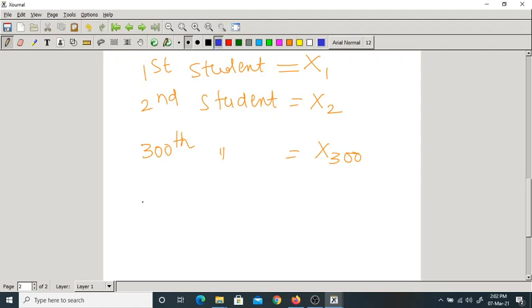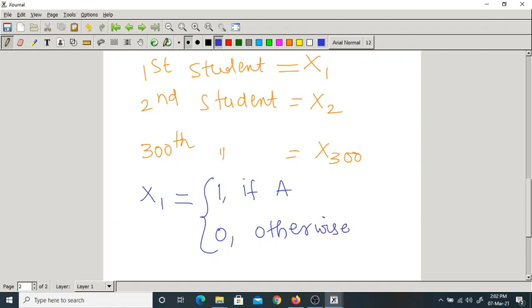Now let us take x1, which means I am talking about the first student of the class of 300. Since it is a random variable, you have to assign a real number. I will call it 1 if he gets A grade, 0 otherwise, which means if he doesn't get A grade. In the same way, how is x2 defined?